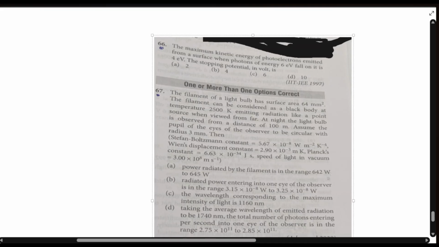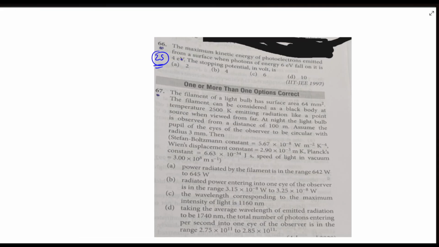Okay, right. So we have our 25th question. What is this question? The maximum kinetic energy of photoelectrons emitted from the surface when a photon of 6 electron volt falls on it is 4 electron volt. So the maximum kinetic energy is 4 electron volt, right?